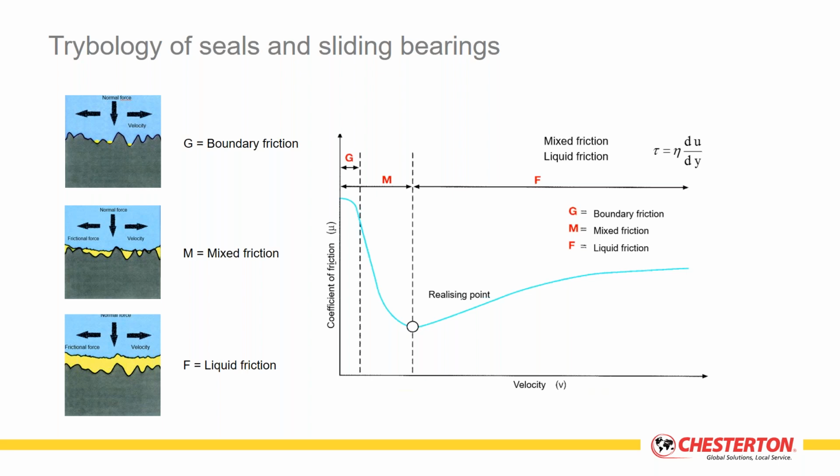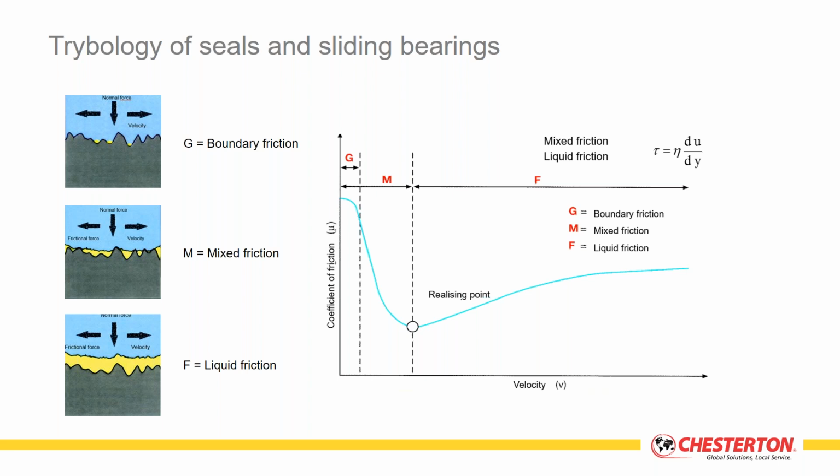As soon as the velocity increases, we get into the mixed friction area, and the frictional force and the wear are reduced, while thanks to the internal resistance of the fluid against the flow, at a higher speed the friction is going to increase again.